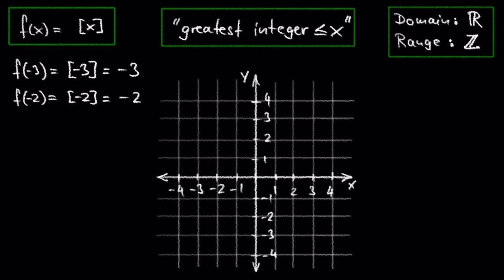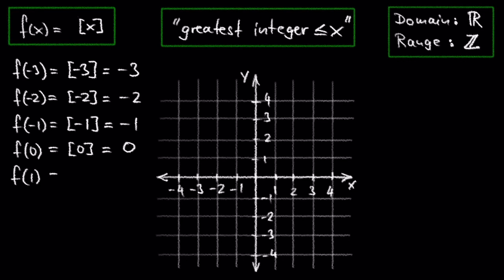When we plug in a -1, we get a -1. When we plug in a 0, we get a 0. When we plug in a 1, we get a 1.